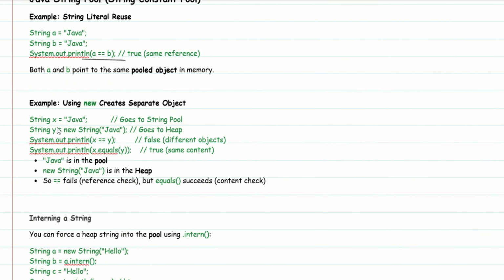Then when you create a string with a literal and with the new keyword, one goes to the string pool and the other to heap. When you compare both using the == operator, it will give you false, and when you use equals, it will give true because the content is the same.